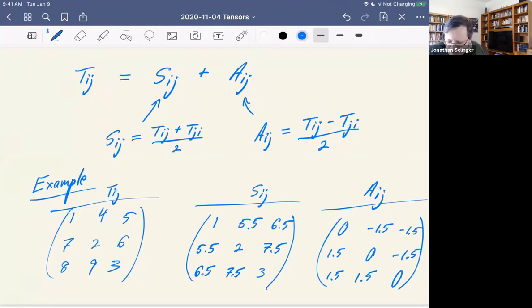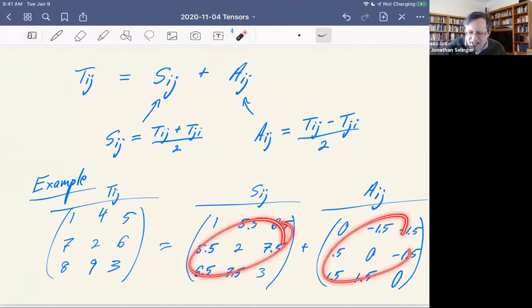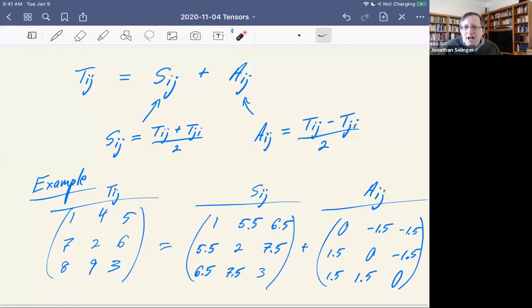I hope I got this right. This wasn't in my notes, but hopefully I did this right. And these two matrices add up to that thing. Okay. I didn't embarrass myself, did I? Okay, good. So you can do this with any input tensor.